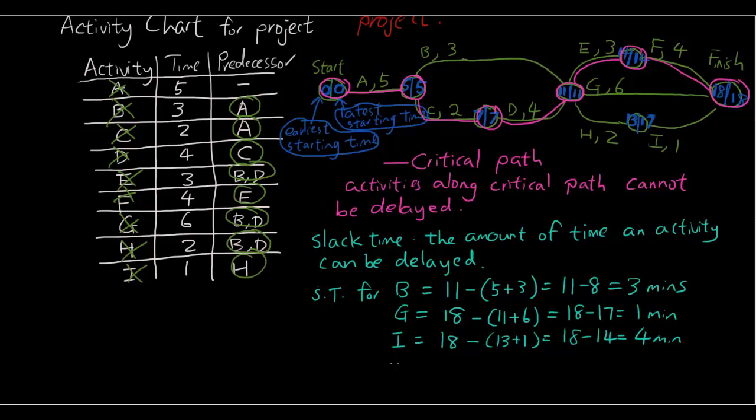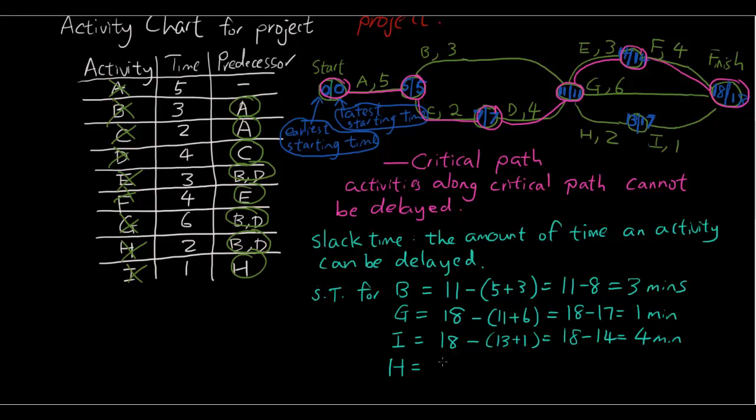Now lastly, we have slack time for activity H. And the slack time for activity H is, if we have a look at this node here, the latest time we can start on activity I is 17.